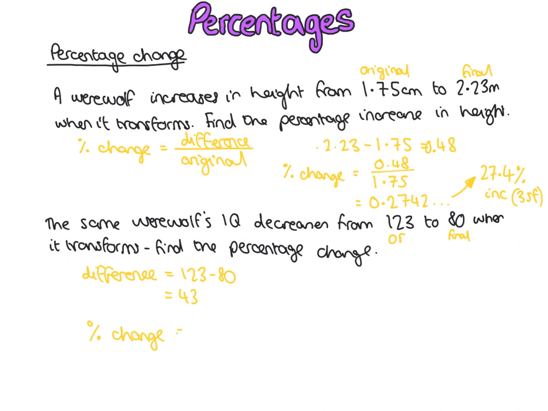Percentage change is the difference, which is 43, over the original, which is 123. 43 over 123 is 0.34959, which converted from a decimal to a percentage is 35.0%. And it's a decrease, to 3 significant figures.